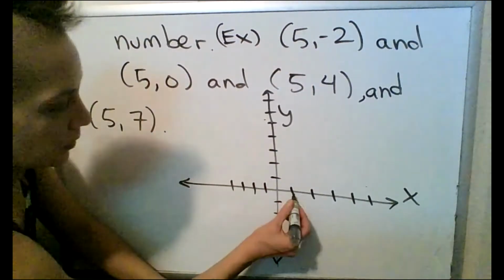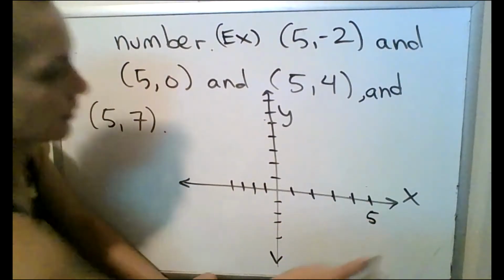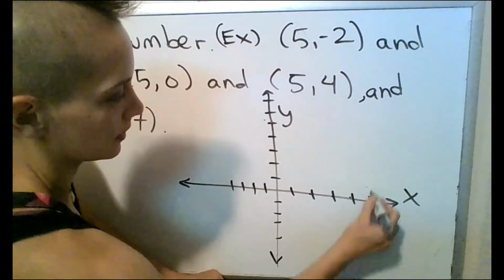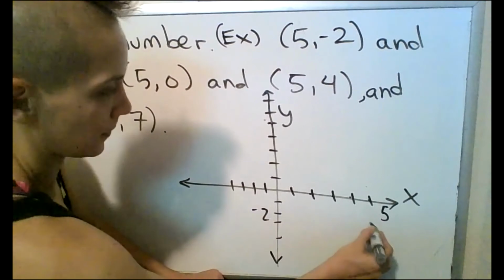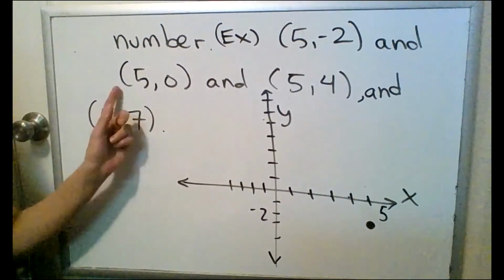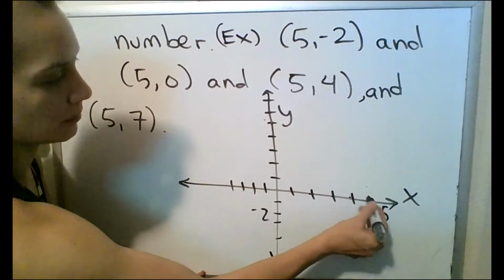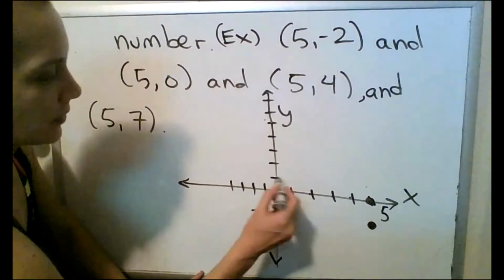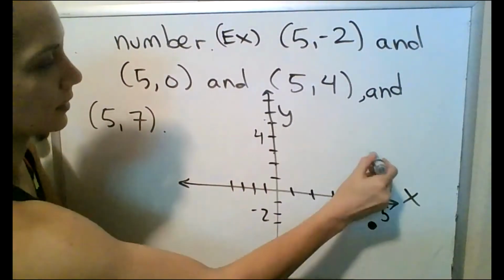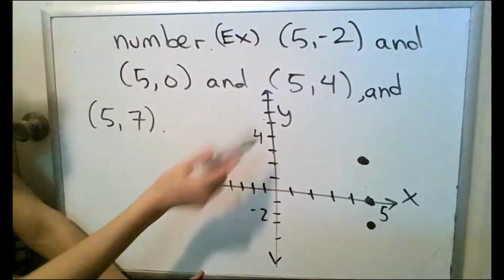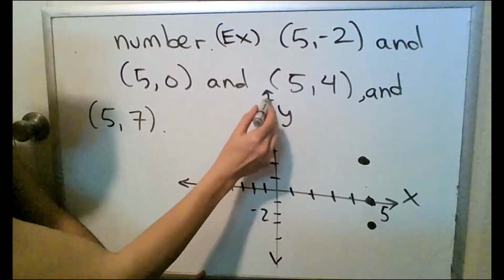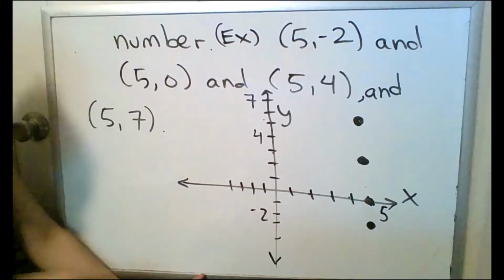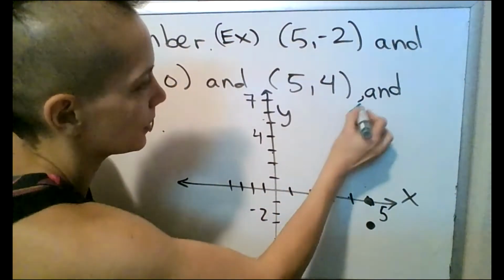X equals 5. 1, 2, 3, 4. And then -2 for y. Five, 0: over 5, up and down 0 for y. Then we're at 5, 4: over 5, up here. Then I put 5, 7. So there's my vertical line going through all those points.